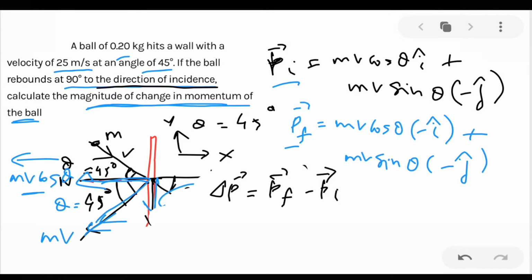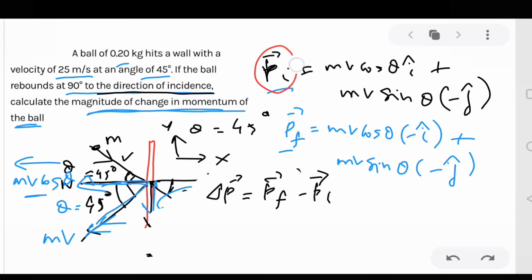If you subtract, the initial momentum gets a negative sign and we can add these two. The mv sin theta components cancel out, and we are left with the cos component. So delta p is equal to minus twice mv cos theta i cap.